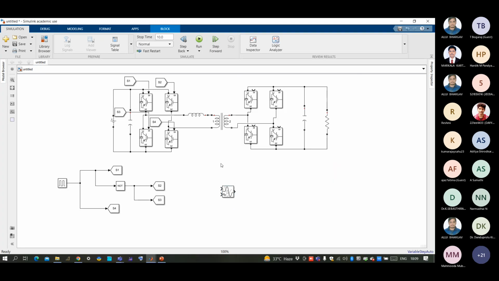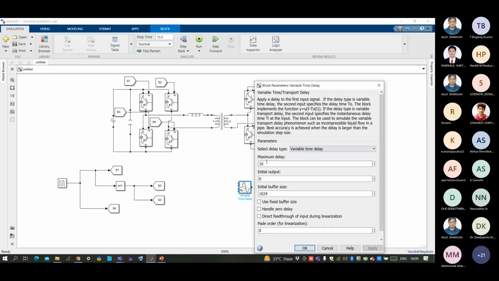So we are having time delay, and how much time delay we need to give our system. So we give a maximum of 0.5 seconds.